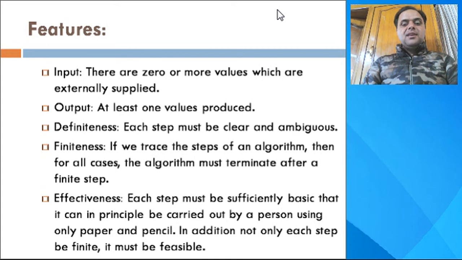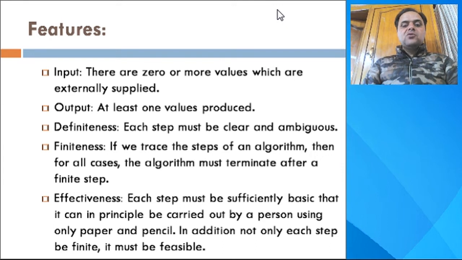In addition, each step must not only be finite, it must be feasible. If we execute the algorithm in our notebook with paper and pencil, we should be able to find the result using the algorithm.